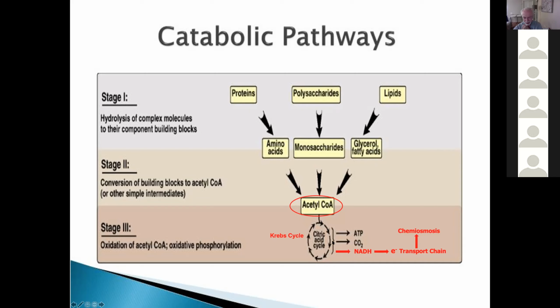The Krebs cycle then produces substrate level ATP, produces carbon dioxide, and it produces NADH, which goes to the electron transport chain, which feeds protons to chemiosmosis. And that makes ATP. So that's going all the way from food to energy.